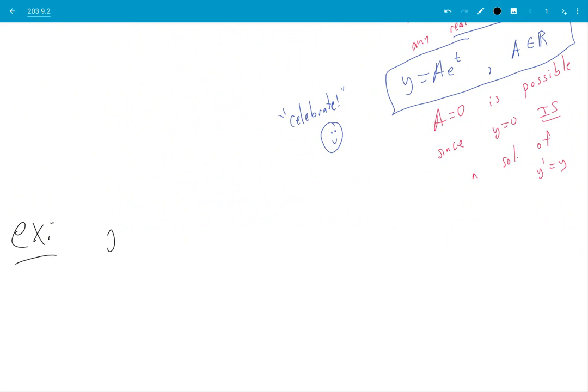y prime is equal to x squared y. Okay, so you get dy over dx. Here, because of the presence of the x, I'm going to use x down here.